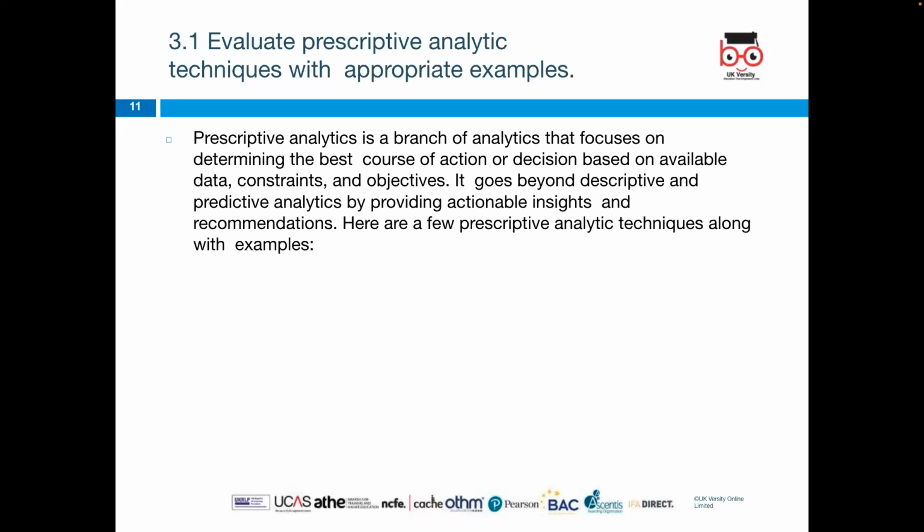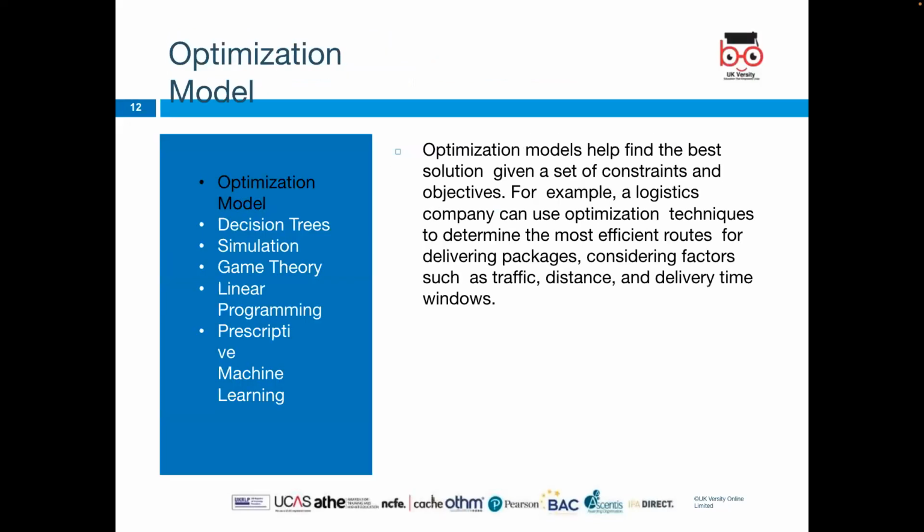It goes beyond descriptive and predictive analytics by providing actionable insights and recommendations. Here are a few prescriptive analytic techniques along with examples. The first one is optimization models. The second one is decision trees. Third, simulation. Fourth, game theory, then linear programming, and the last one, prescriptive machine learning.